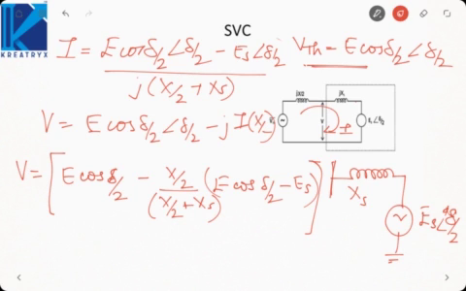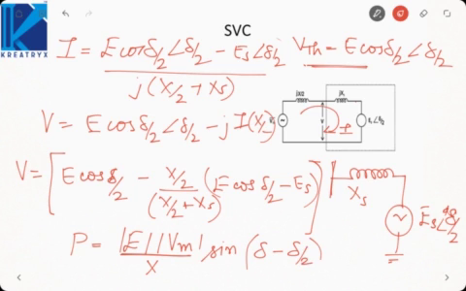So how to calculate power? It will be E into V midpoint. What is the reactance between the midpoint and the sending end? It is X. What is the angle? The sending end has an angle delta, the midpoint has an angle delta by 2.